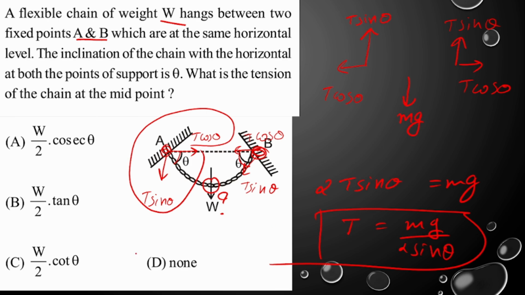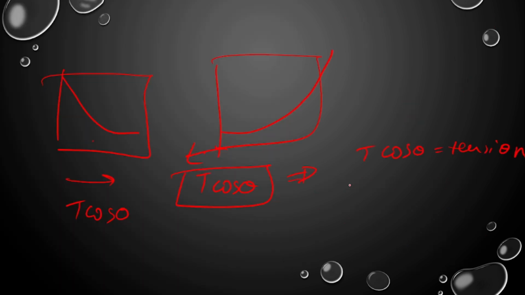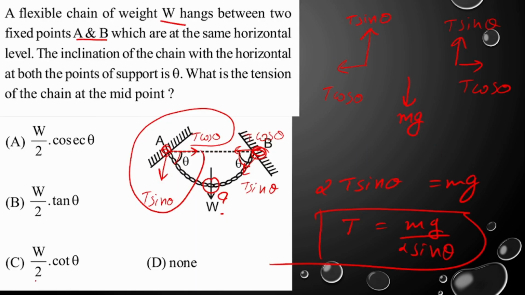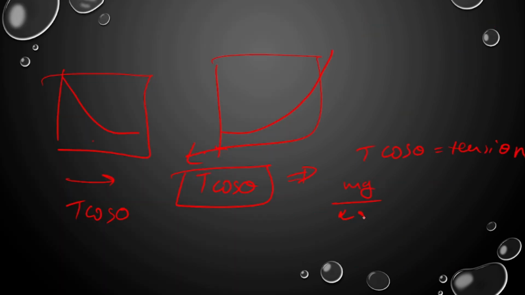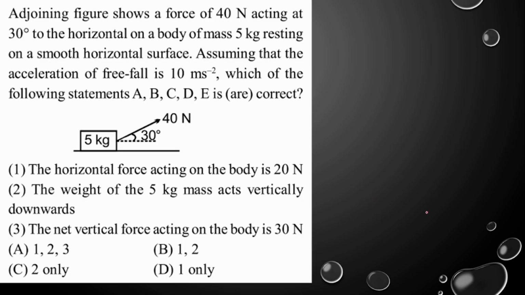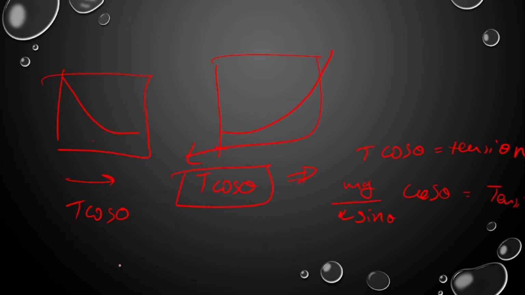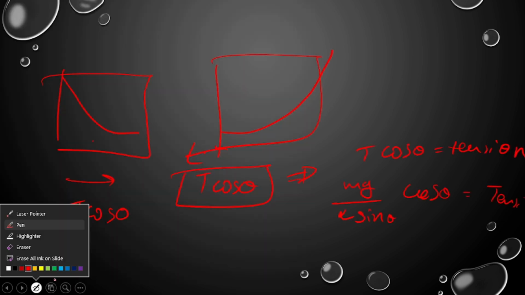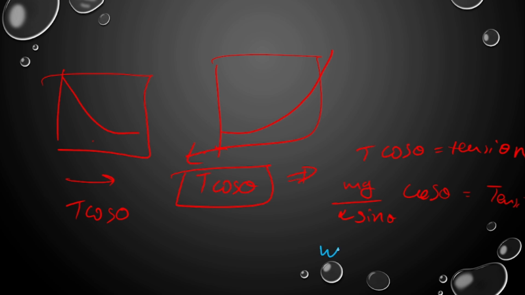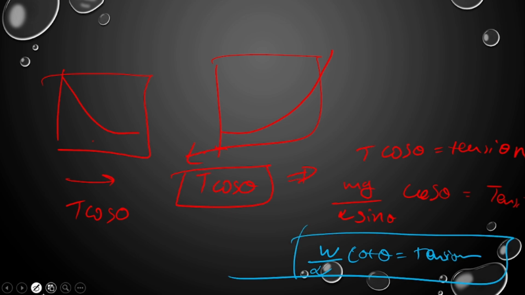And T is mg upon 2 sin theta, into cos theta equals tension. So mg is W, W by 2, cos by sin is cot theta equals tension. This is our answer, W by 2 cot theta.